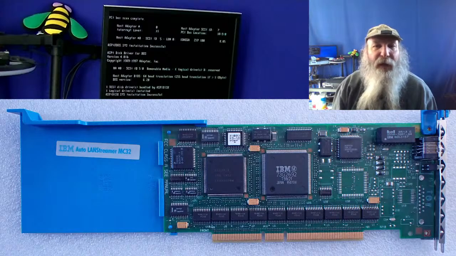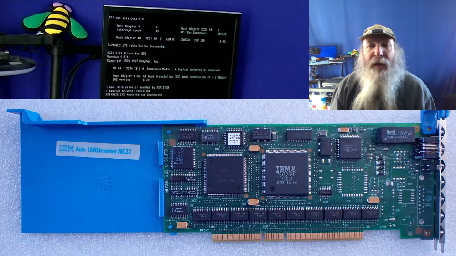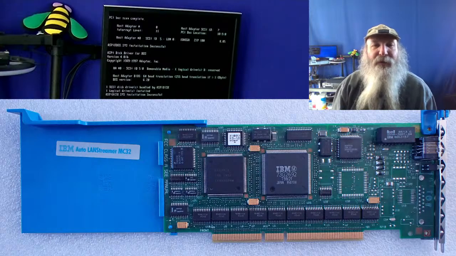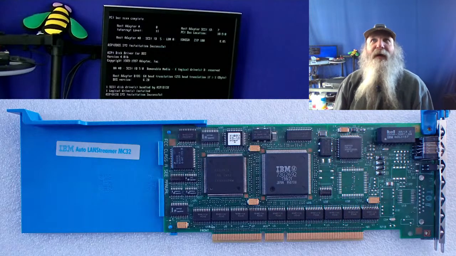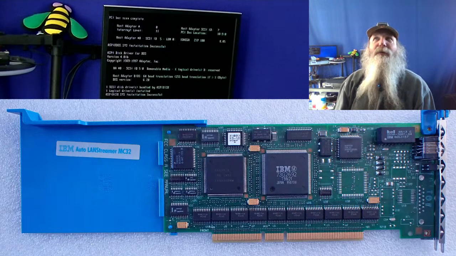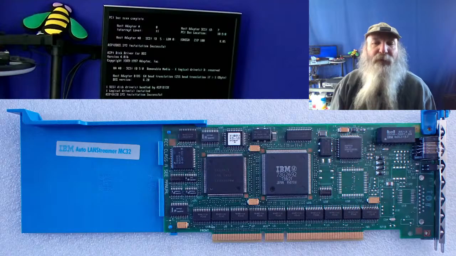And that is what the case is. At this point, IBM was looking to include the Ethernet components onto their LANStreamers. And this one even has a 16-bit keyway, so you could run this on a 16-bit system as well.